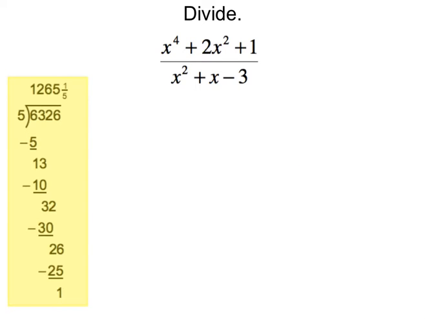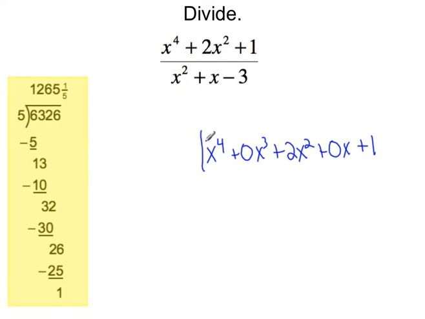We are going to include in all the 0 coefficients that are in our numerator. So I have x to the 4th plus 0x to the 3rd plus 2x squared plus 0x plus 1.